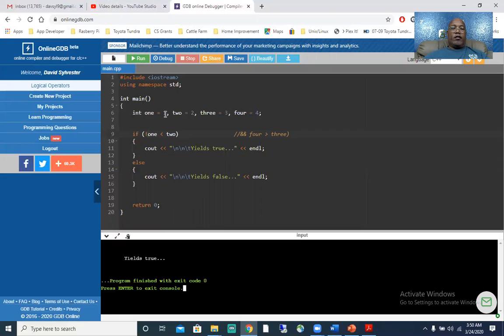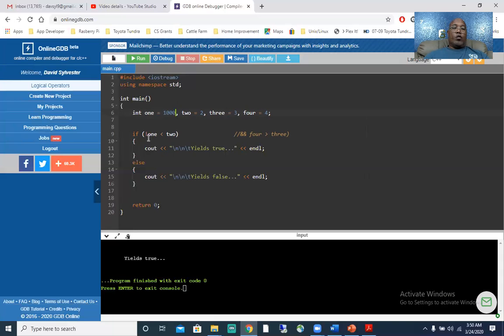So now I can make this, let's say, 1,000. So 1 is equal to 1,000. Is 1,000 less than 2? No, but you've got to remember that this not is actually equating this expression here, not 1, to the logical value, either 1 or 0.